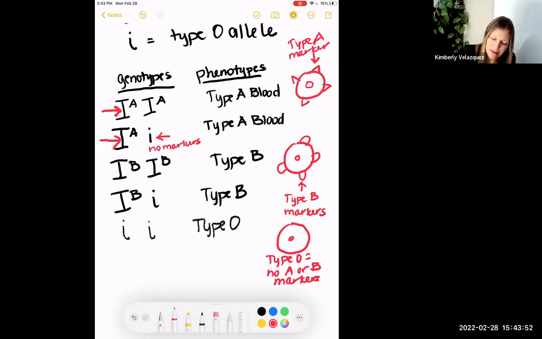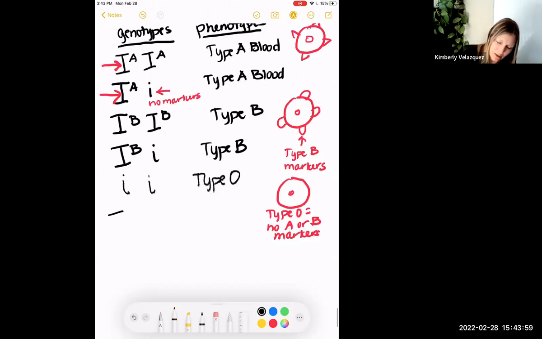What if you get an A gene and a B gene? Say you're this. In other words, one of those genes, this one, is saying make a type A marker, and this one is saying make a type B marker.